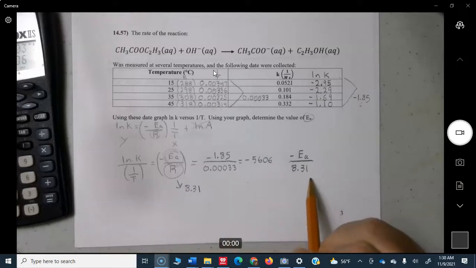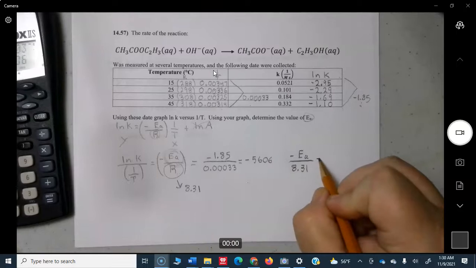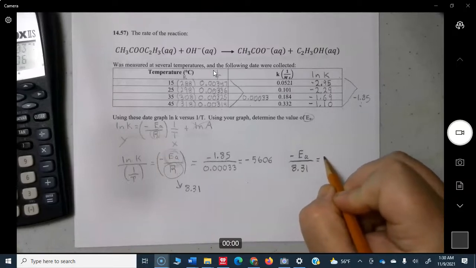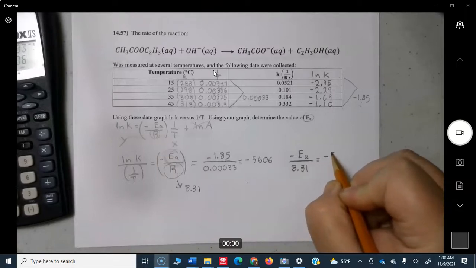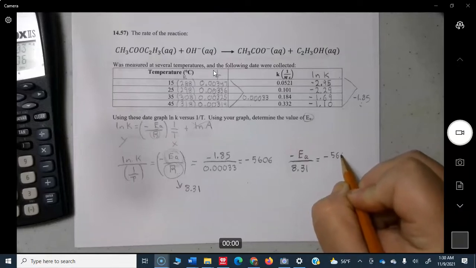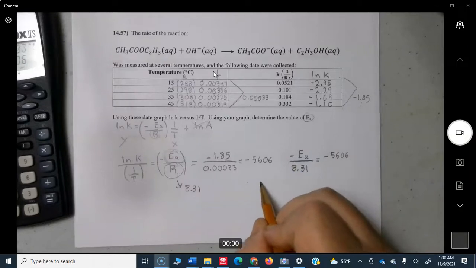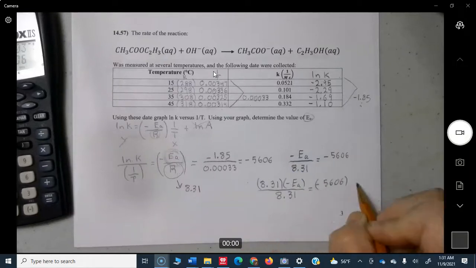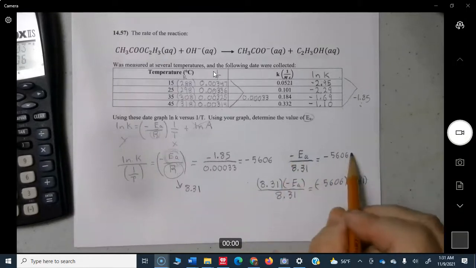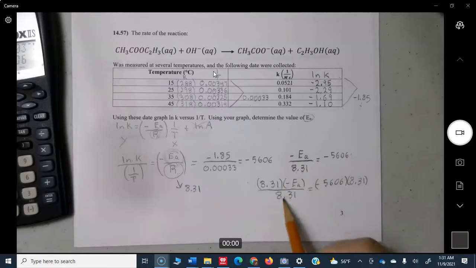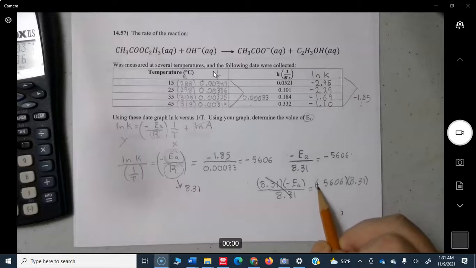But this one is joules over moles Kelvin. Okay, equals this. So what we're going to do is multiply top and bottom. Okay, so all I did was multiply both sides by 8.31, so these cancel. And the negative signs you can turn into a positive sign here. They're both going to cancel out.